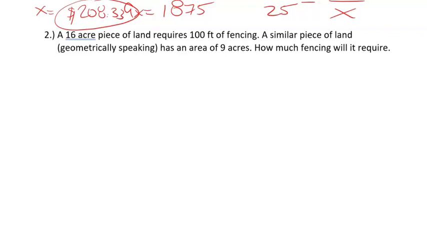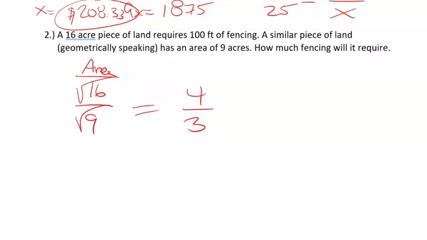So you get an area ratio of 16 to 9. Are we going to be solving for a side or a perimeter? I mean, does it matter? No, because we still have to do the same thing to the ratio. What do we do to ratios of areas to get sides? Square root. So the ratio that's actually going to help us is 4 to 3.